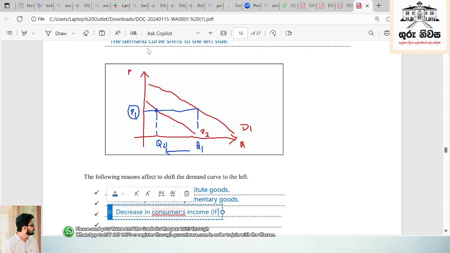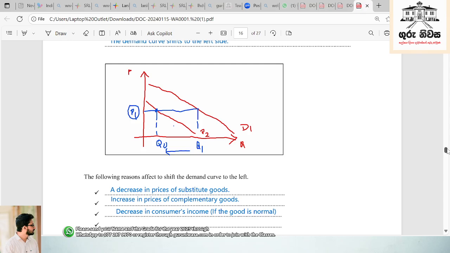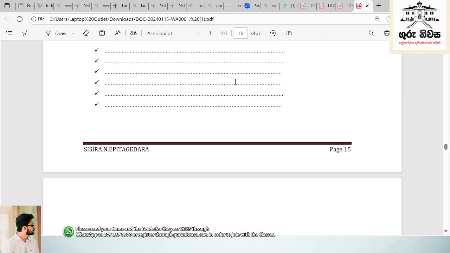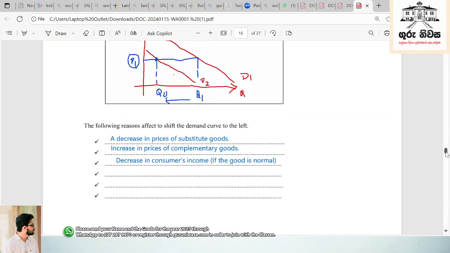This happens if the good is normal. I'll explain this point. Normal means when income increases, people try to buy more. For the other category, you can say an increase in buyer's income, within brackets write down, if it is a normal product.